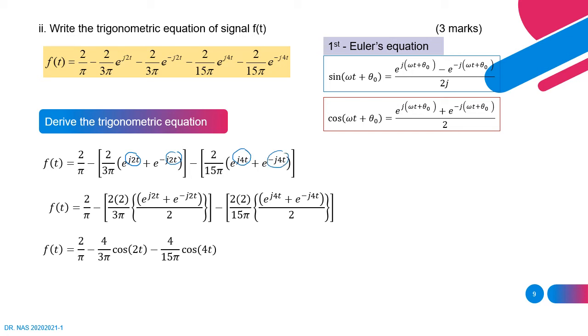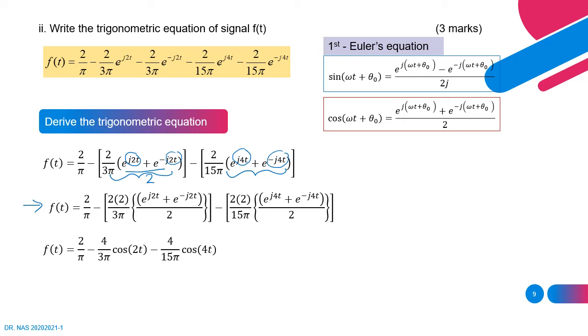So group them up, and then next step, you need to change the shape of the equation into either sine or cosine, Euler's theorem in exponential form. So in this case, to get into cosine equation, the signal must be divided by 2.